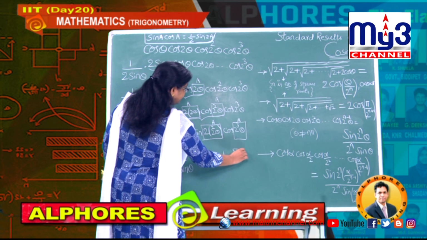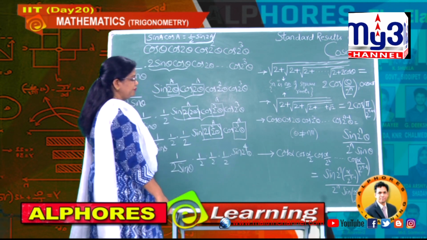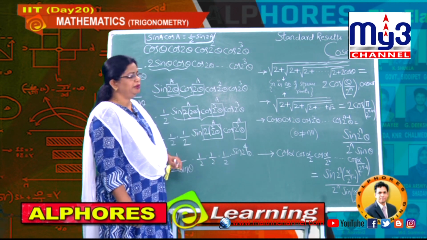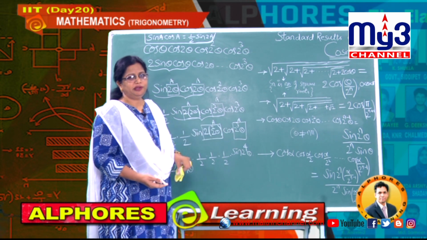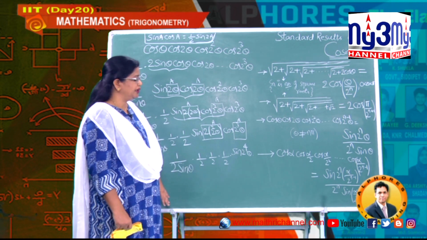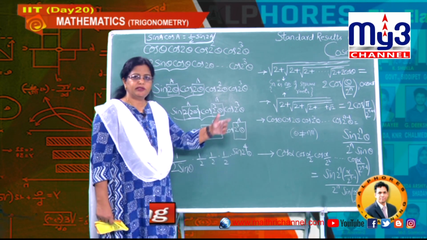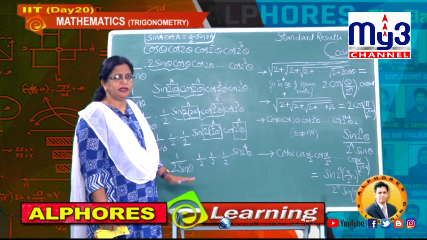Finally you got how much, students? Sin 2 to the power of 4 theta, because 2A means 2 into 2 cube theta, that is nothing but sin 2 to the power of 4 theta. Now no more cos terms are left, that is why we have to stop the procedure here itself.